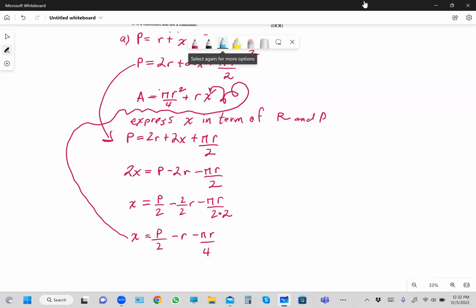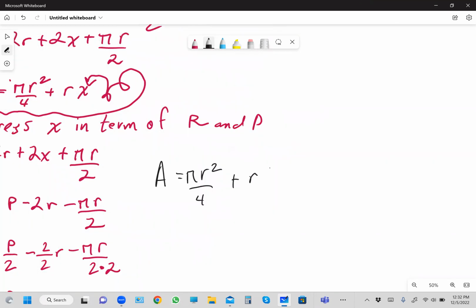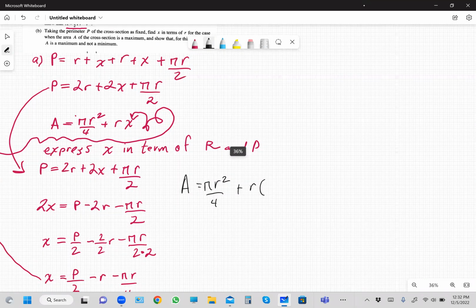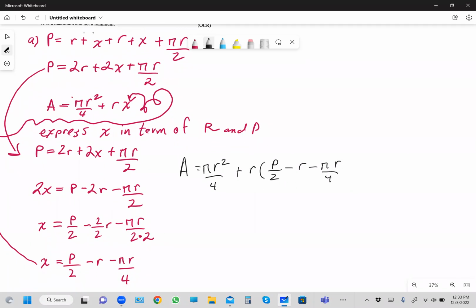So now let's go ahead and write area. Oh, no, I don't like that color. So let's write area equals pi R squared divided by 4 plus R times (P divided by 2 minus R minus pi R divided by 4).